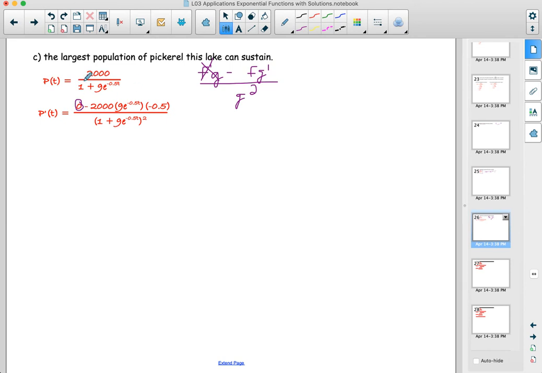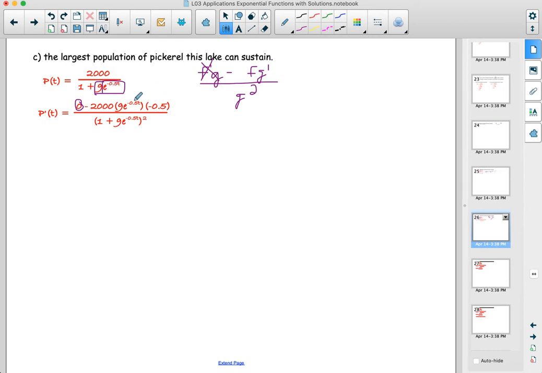Now, the derivative of the denominator is going to be, the derivative of the 1 is 0. The derivative of this exponential function is going to be itself, right? Its stretch or compression factor is 1. And then I'm multiplying by the derivative of the exponent, which is negative 0.5.